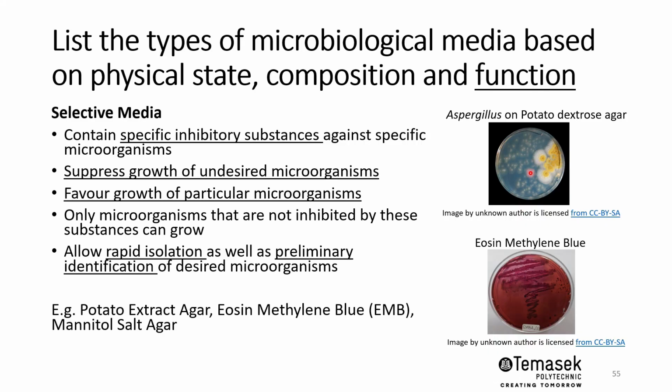Another example here is the eosin methylene blue agar, or EMB agar. This is a selective media, but you may also consider it a differential media, which we will talk about later. Mainly look at this as a selective media because it allows you to grow gram-negative bacteria, and we are able to use it to differentiate between fecal and non-fecal bacteria.